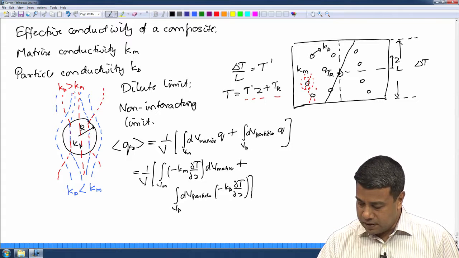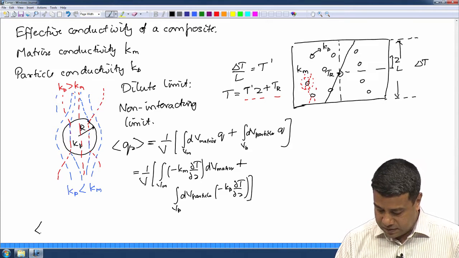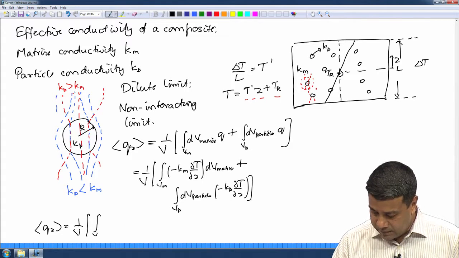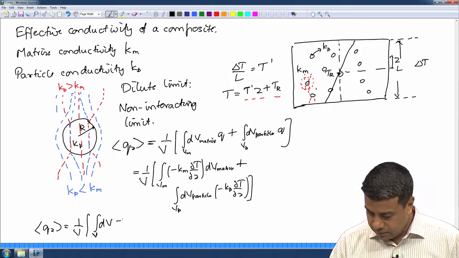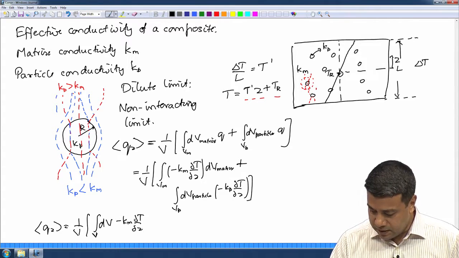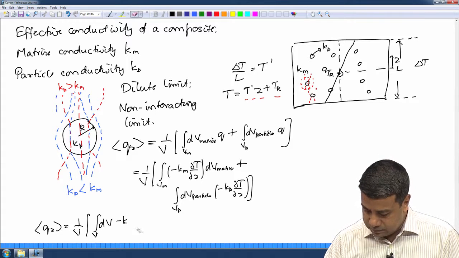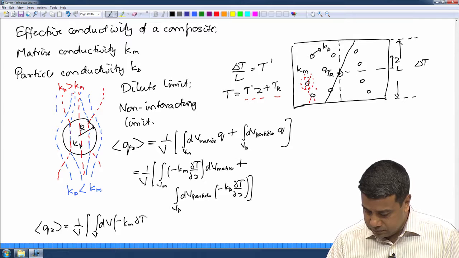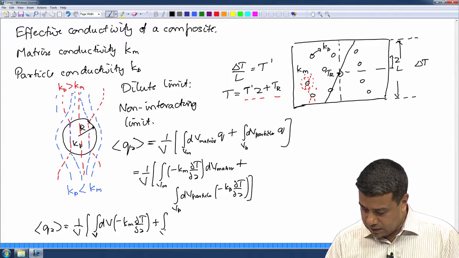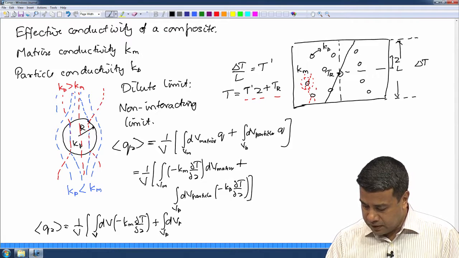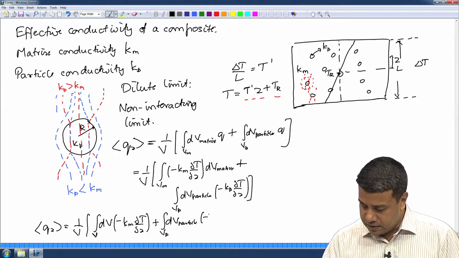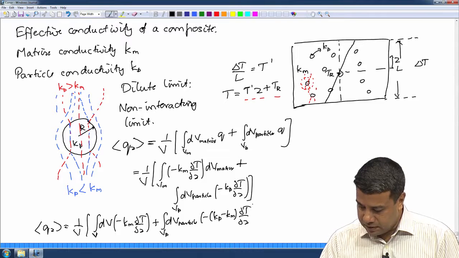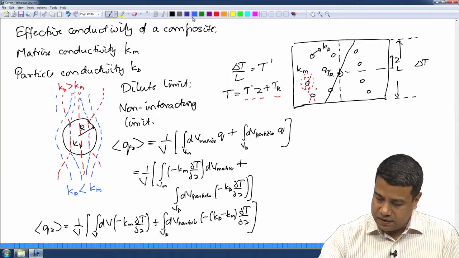Rather than writing it this way, it is more convenient for us to write it as 1 over the total volume, I integrate over the total volume of minus Km partial T by partial Z, plus the integral over the particles, of dV particle, minus of Kp minus Km, partial T by partial Z. You can see that I have just rewritten these two terms.